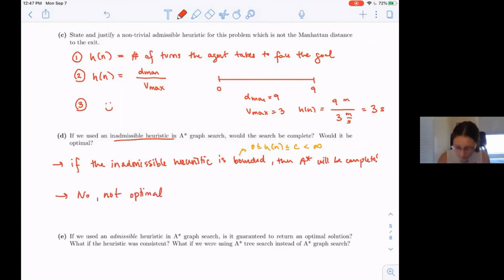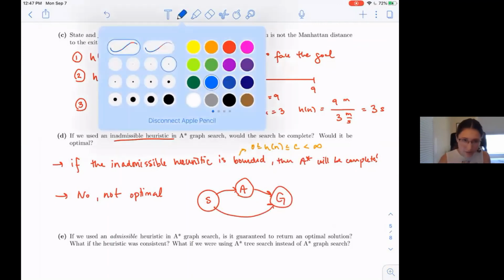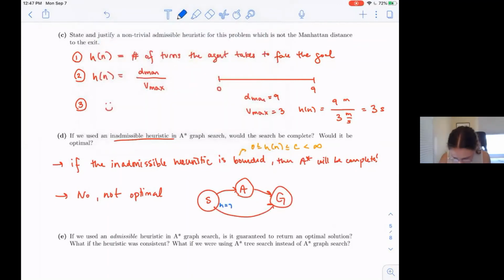You can think about an example that we saw in lecture about why this might be the case. We had this state space graph where we had a heuristic, h equals 7 here, h equals 6 here, and h equals 0, with the actual edge costs being 1, 3, and 5.